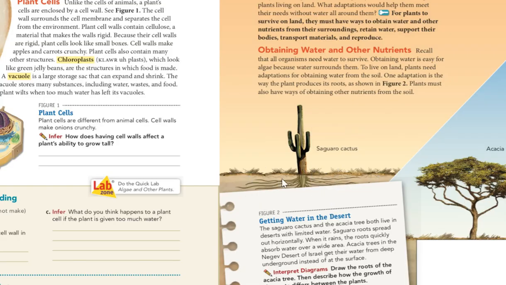So having roots is an adaptation that helps plants absorb water and nutrients.